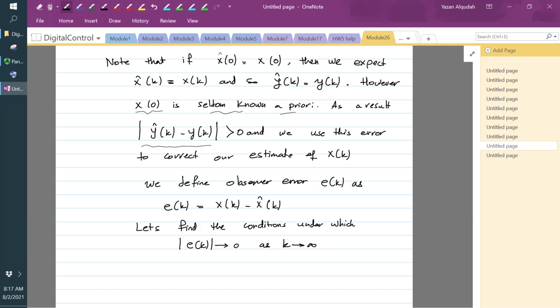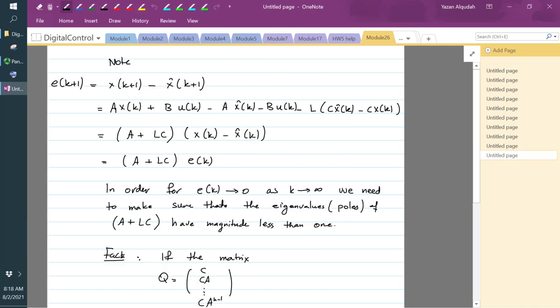So we're going to define the observer error e of k as equal to x of k minus x tilde of k. We want the error to go to 0 as k goes to infinity. In the steady state, I want to have an exact estimate of the states, and therefore I want the error to go to 0.